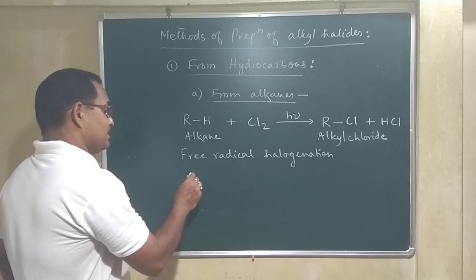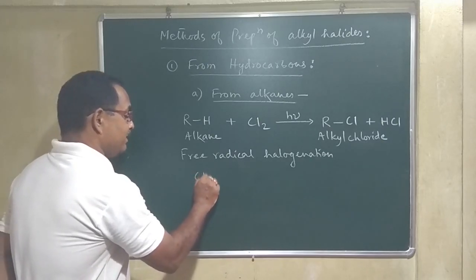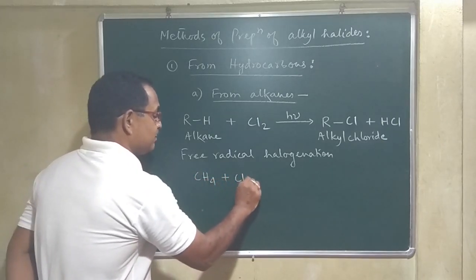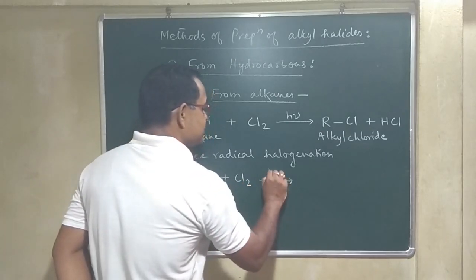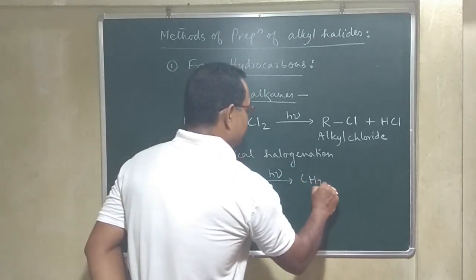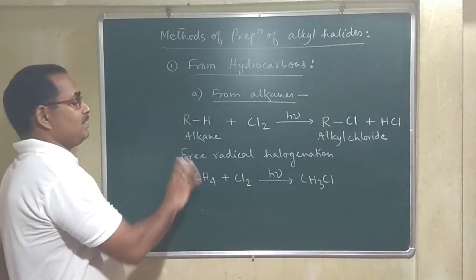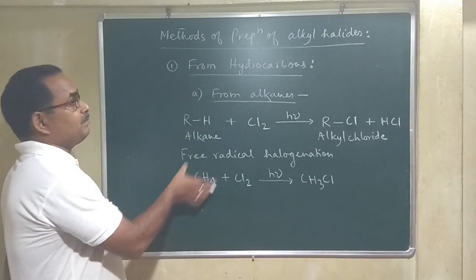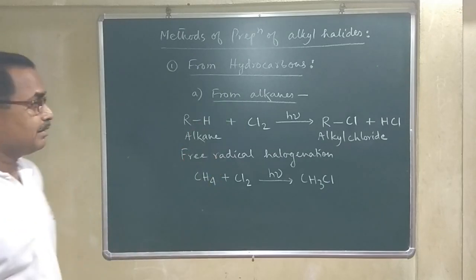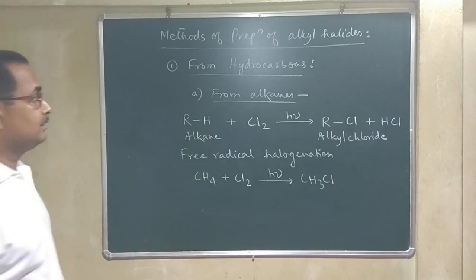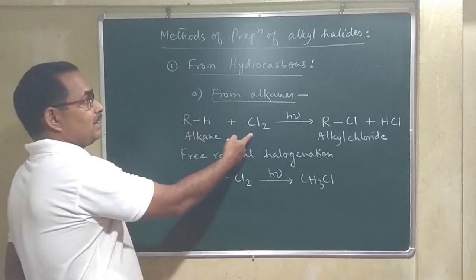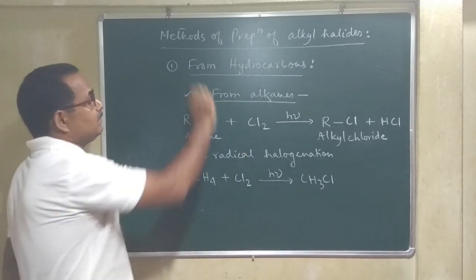We have studied in class 11 that methane, when it reacts with chlorine in diffuse sunlight, gives chloromethane. So this is a general method of preparation. From hydrocarbons we can prepare alkyl halides. This is one method.